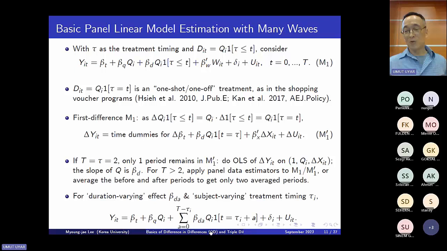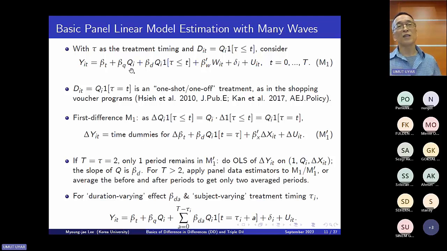Now, so far I have been explaining DD using conditional independence, but in actual application, you use a panel data linear model such as this. If you look at this panel data model, you allow this time trend over time, and then this will be a group effect.